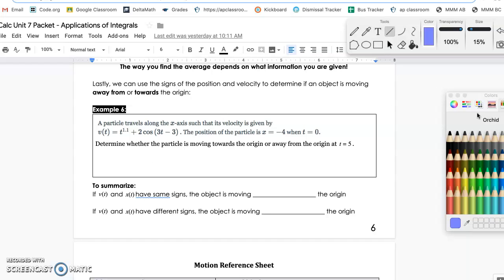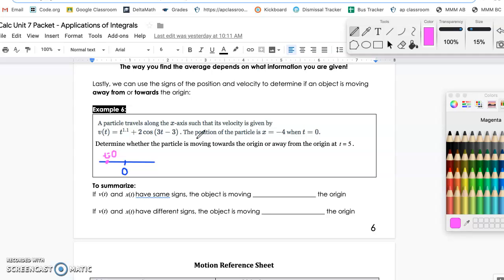If I draw this out, here's my origin, and we know that at t equals 0, the position is -4. So at t equals 0, the position's at -4, so it's to the left of the origin.